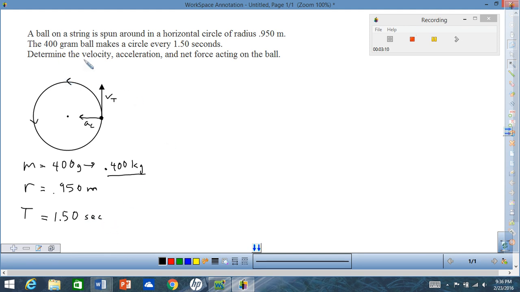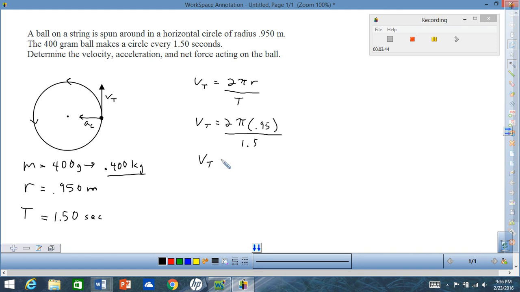Great. The first thing we want to find is its velocity, and its velocity can be found from the relationship of distance divided by time. Remember that the distance in this case is the circumference, and the time is the period, the time for one lap. And so we'll substitute 2 times pi times 0.950, all divided by the period, which is 1.5 seconds.